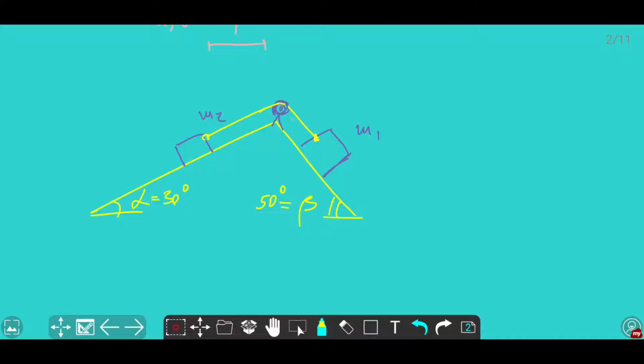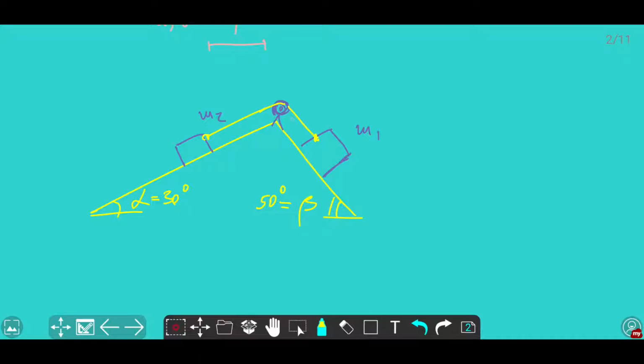All right, so what can you say? Is it a connected particle system or not? According to the definition A-Level gives, connected particles are a system where all parts of the system are moving in the same straight line. However, this is not the case here.